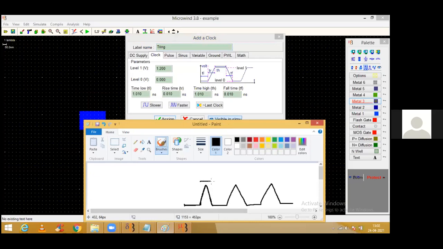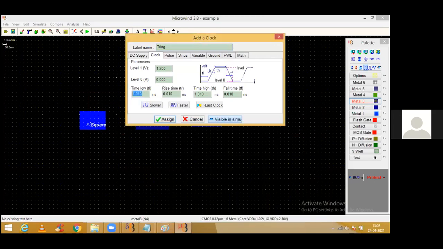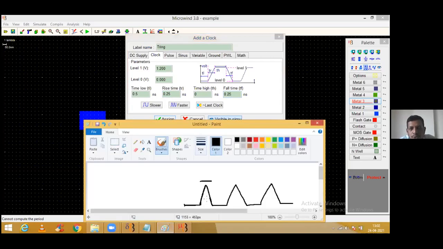What about TH? TH should be equal to 0, am I right? Yeah. So what can I do? I can add the same one, and shall I make it 0.25 or so, and again TR should be equal to TF. So 0.25 that I'm adding. Will that suffice our motto?